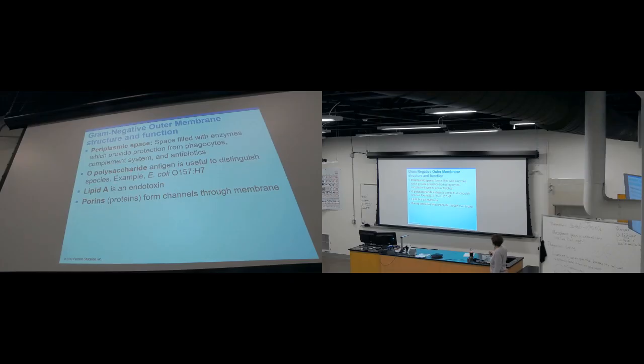Now, some bacteria have this O polysaccharide that is useful to distinguish certain species of bacteria, including E. coli. E. coli O157:H7 has an O antigen, called 157.